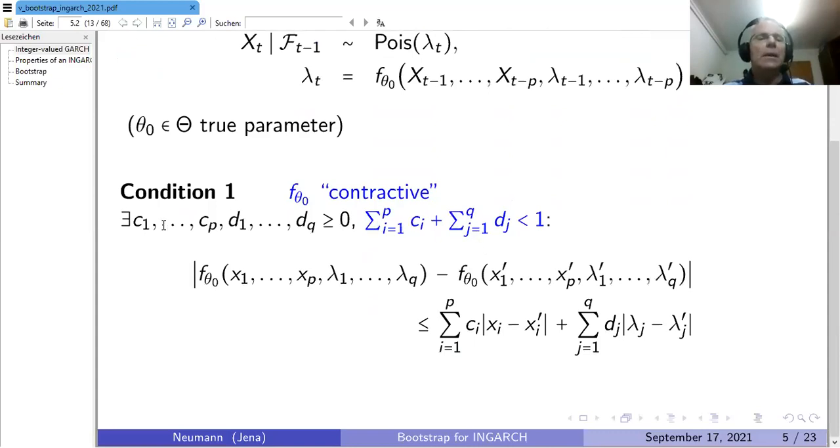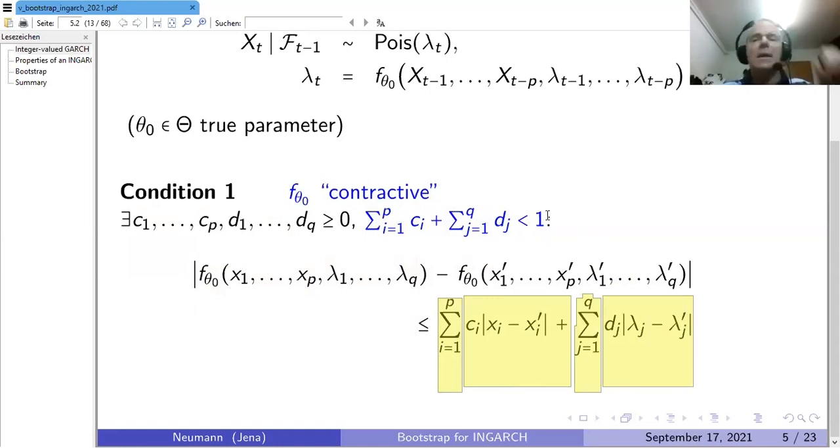It is assumed that there exist non-negative constants, and the sum of these constants is assumed to be strictly less than 1, such that the difference of this function at this point and at that point can be estimated in this way.